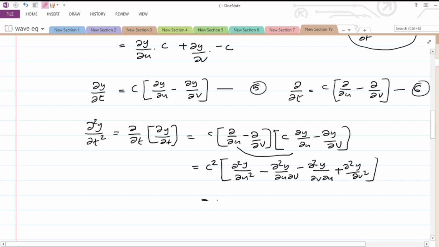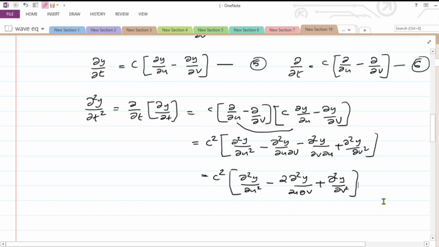So taking all this we get c² into (∂²y/∂u² minus 2 ∂²y/∂u∂v plus ∂²y/∂v²). Okay, so we keep this as equation number 7.